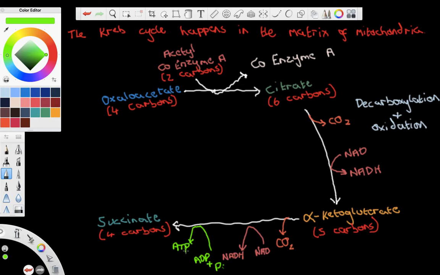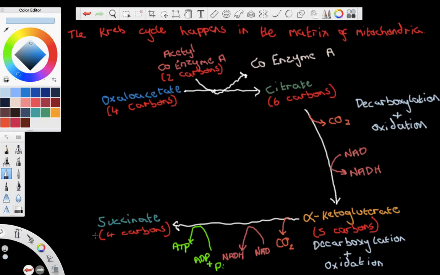So we've got ADP being turned into ATP. So to turn alpha-ketoglutarate, a 5-carbon molecule, into succinate, a 4-carbon molecule, we've got decarboxylation and oxidation to form succinate.